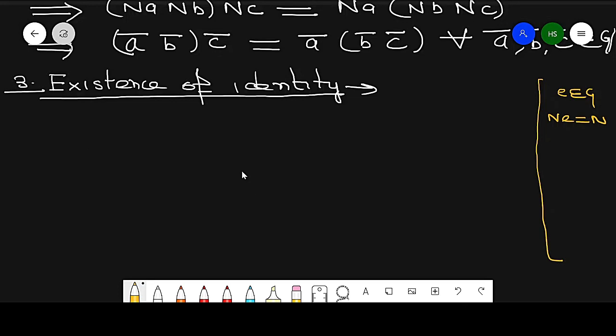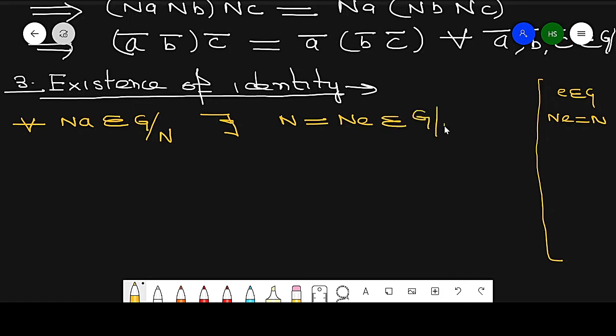So check that for every Na belonging to G/N, there exists N, which is basically Ne belonging to G/N, such that it satisfies the property of identity.